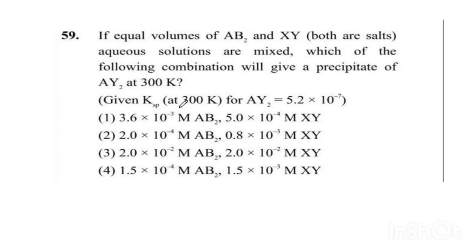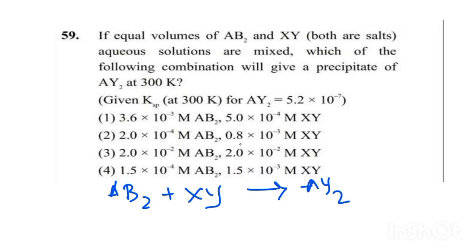Next question is, if equal volumes of AB2 and XY are mixed, which of the following combinations will give a precipitate of AY2? So AB2 and XY are mixed, and a precipitate of AY2 is given. In AY2, A has +2 oxidation state, Y will be -1, because the stoichiometry gets inversed.